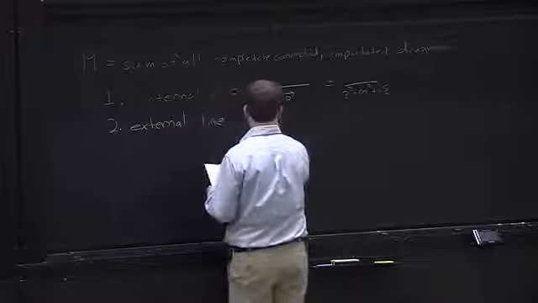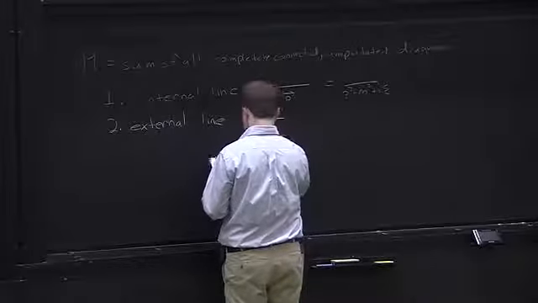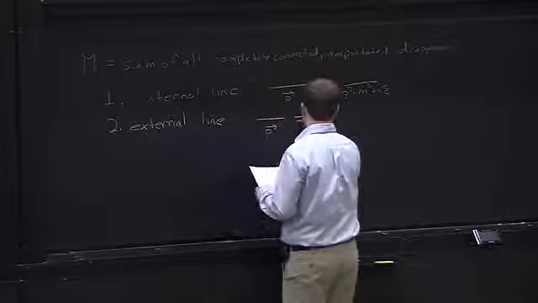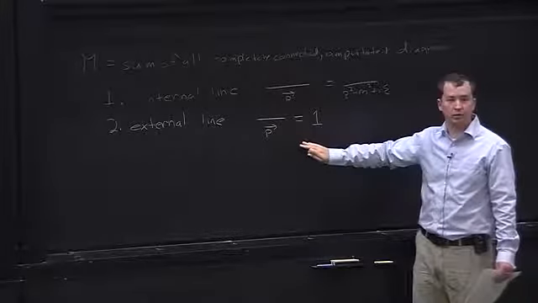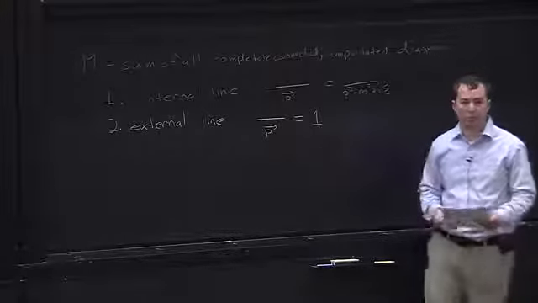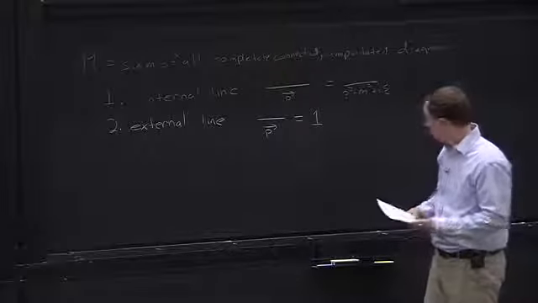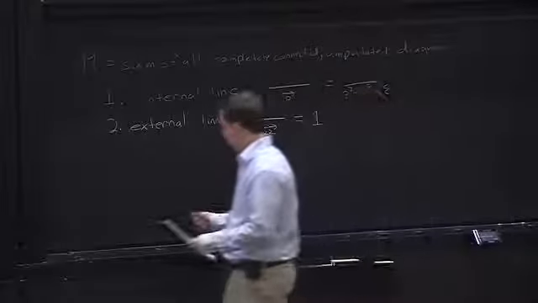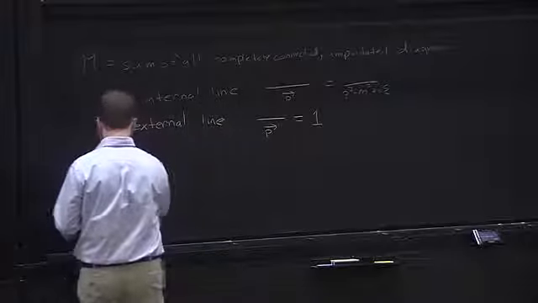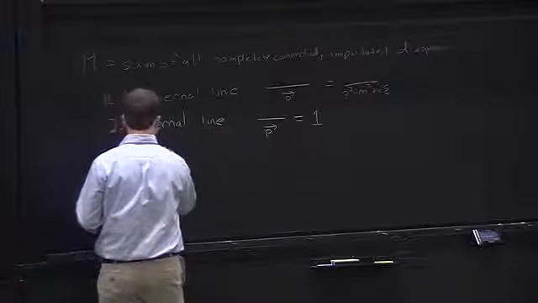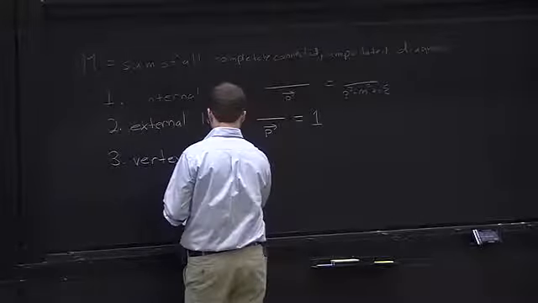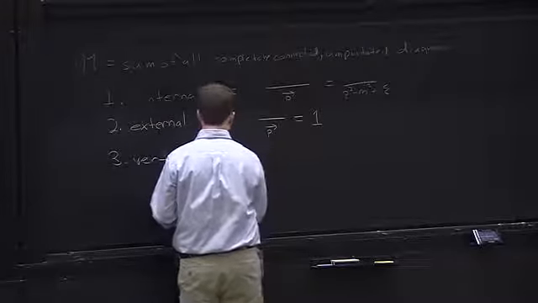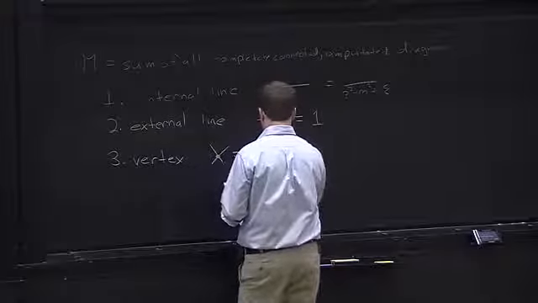Trivial rule again, for every external line, we get 1. I'm writing this just so you remember when, in Tibor's part of the course, we come to fermions and gauge bosons. For the vertex, in phi-4 theory, we get a factor of minus i lambda.